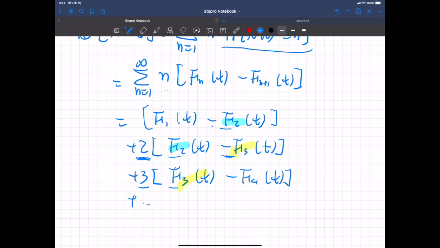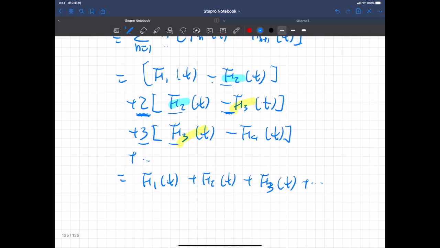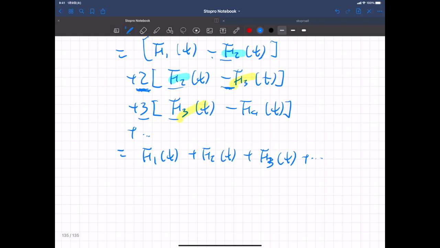And if you add them, just positive 1. So after all, we have F1 plus F2 plus F3 plus and so on. So that is just the summation of all those distribution functions from n equal to 1 to infinity.